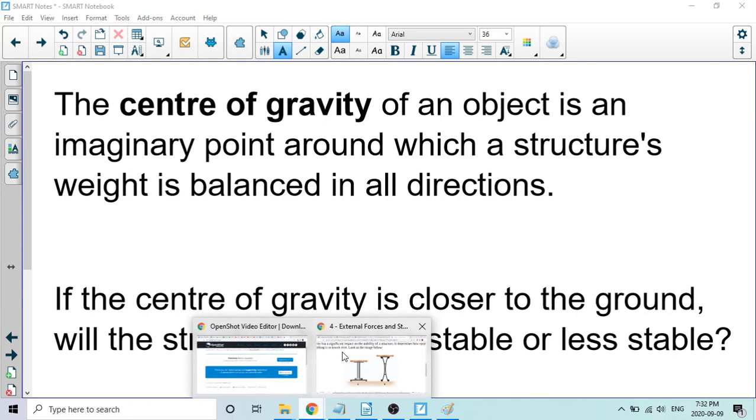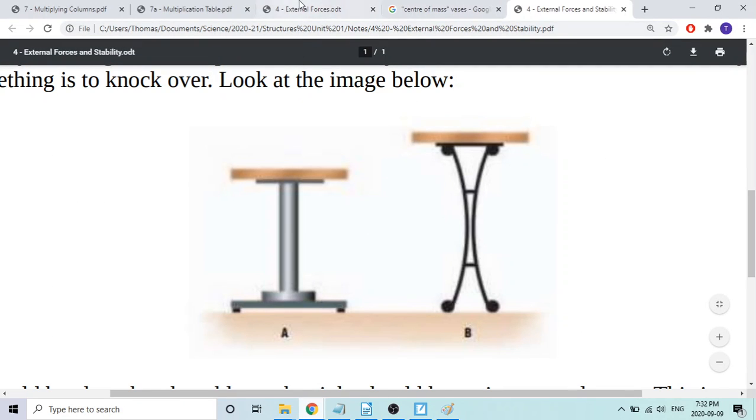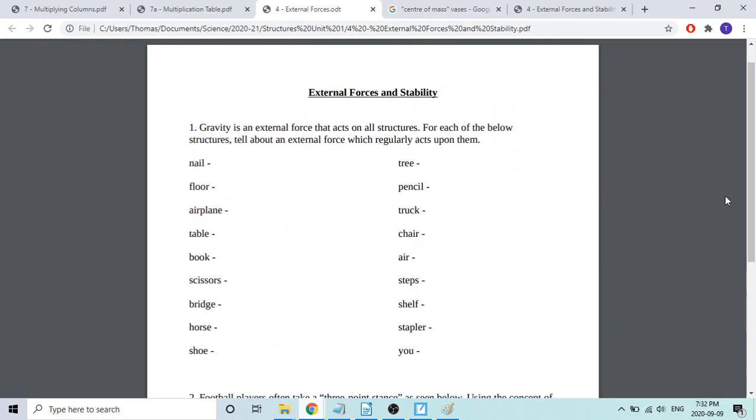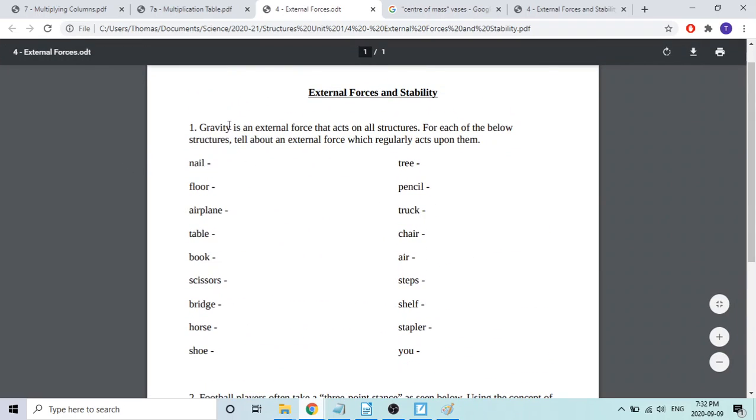All right. So your task for this lesson, it's pretty simple. Two parts. The first one, I tell you gravity is an external force that acts on all structures. I want you, for each of these structures, to tell me about an external force which could normally act on it. So for your first one, what kind of force acts on a nail?